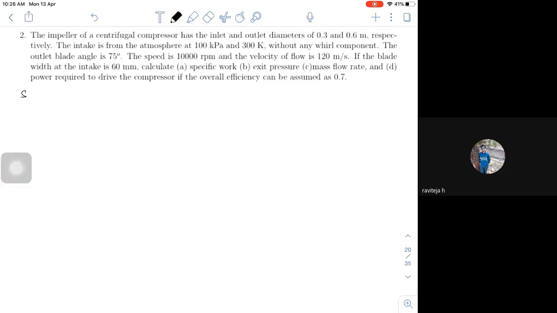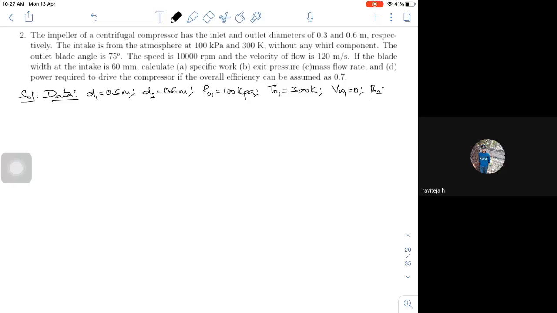So the solution and the data given. My D1, that is inlet diameter or hub diameter, is 0.3 meter and my exit diameter is 0.6 meters, which is D2, and the inlet pressure is 100 kilopascals. T01 is 300 Kelvin and VW1 is equal to 0.